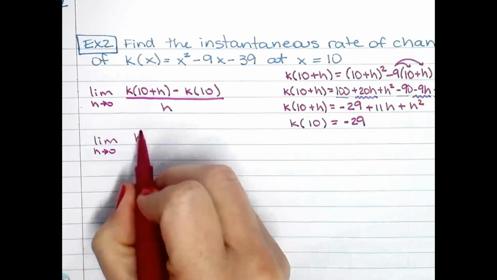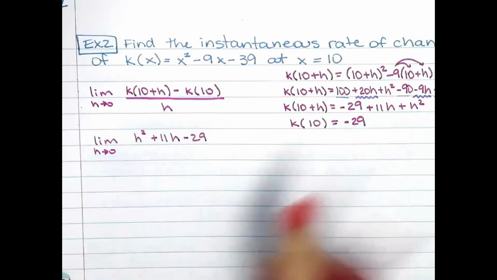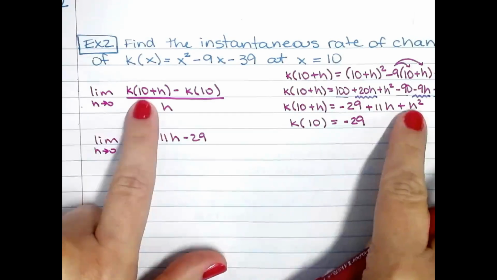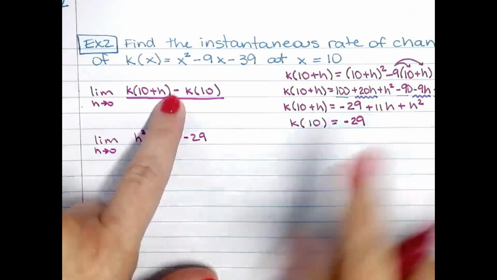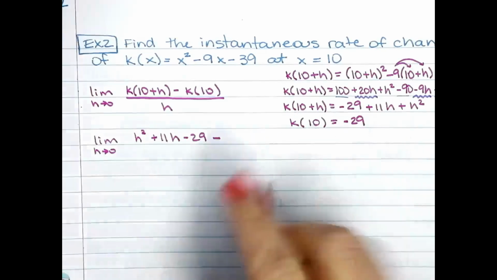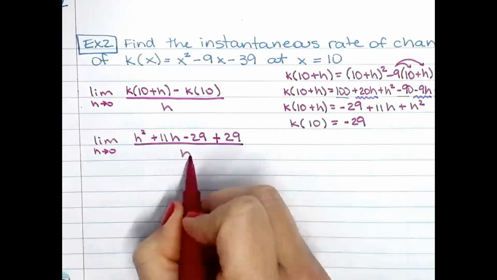I'll put it in order just because. Minus 29. So I substituted negative 29 plus 11h plus h squared for that right there. And then minus k of 10. K of 10 is negative 29. Everything over h.